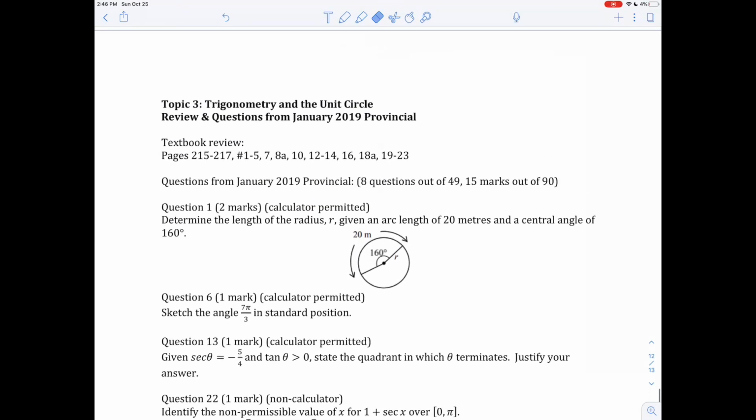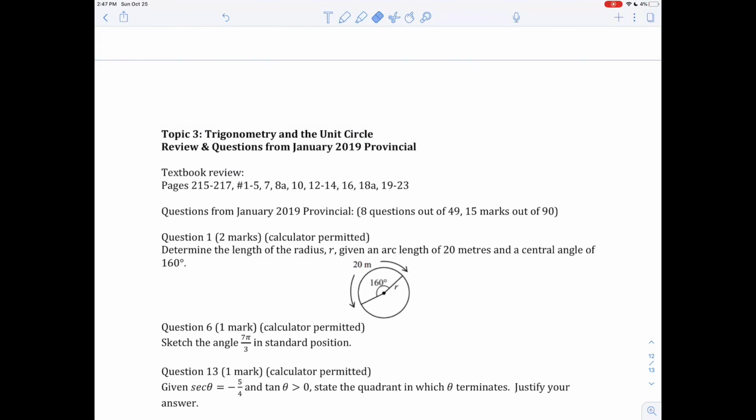Don't forget that the marking guide is online. The link to all those provincial assessments is on Teams, so please do make sure you actually check the marking guide, like the solution guide, when you do these questions, just so you have a sense as to how you would do if you encountered those questions on an exam.